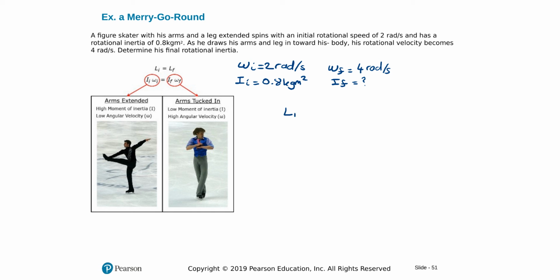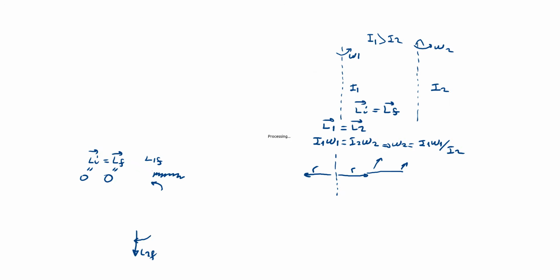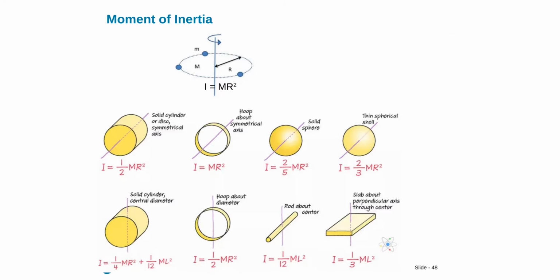The general idea again is L initial is equal to L final. Let me rewrite that. And angular momentum is also a vector, don't forget that. To find the direction of the vector, let me show you instead of drawing it.